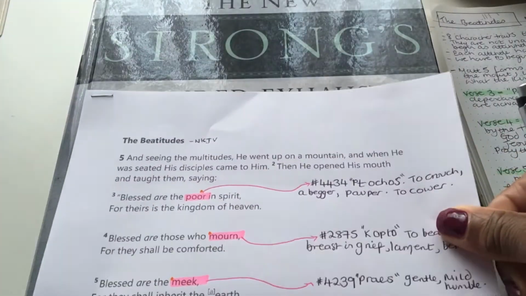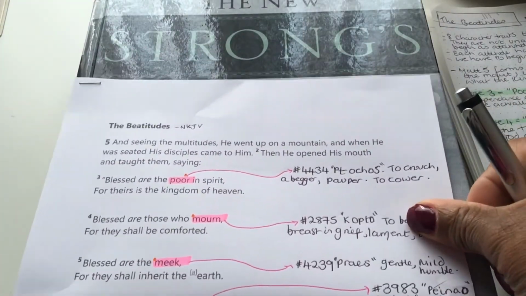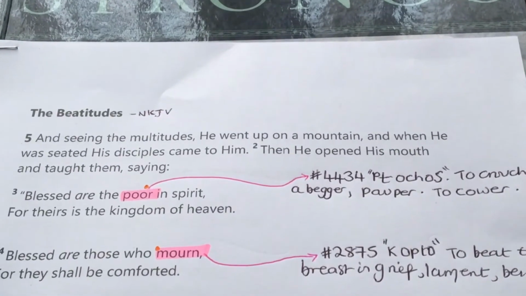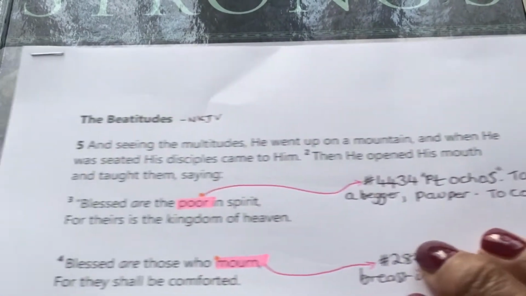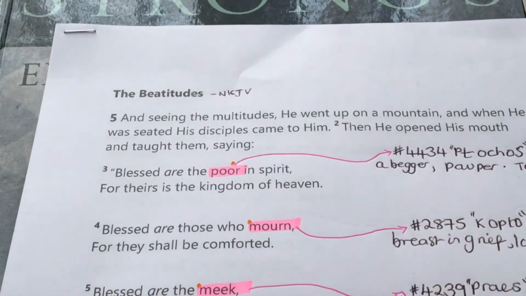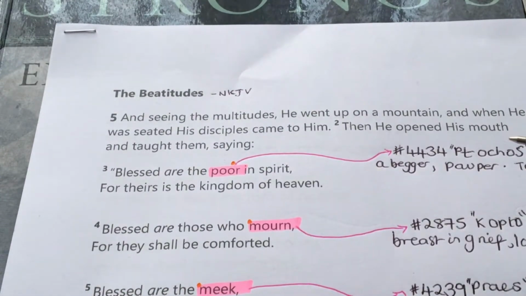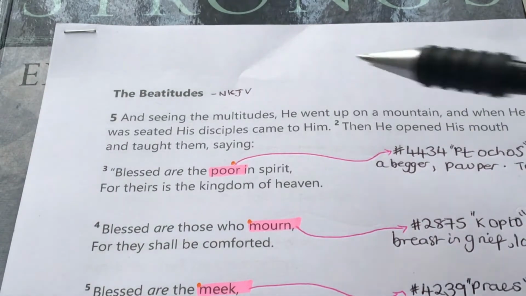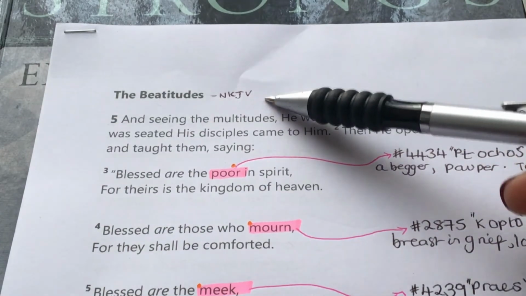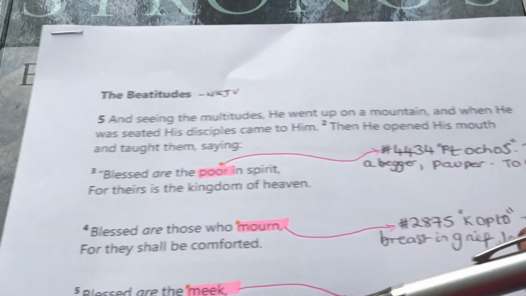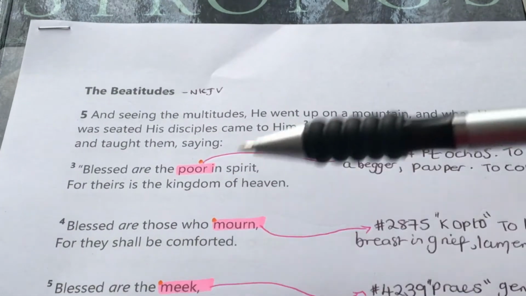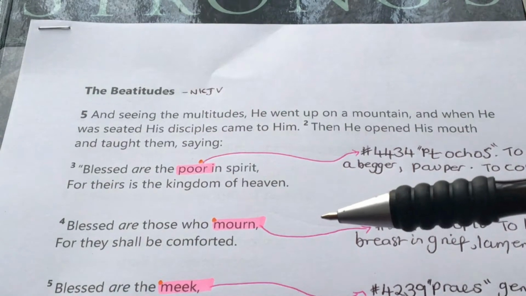Okay, so I'm just going to fold that in half so that you can see. Okay, there we go. So I thought I would print out the Beatitude on a piece of paper, and this is in the New King James Version. Matthew chapter 5, I'll read verses 1 to 3.